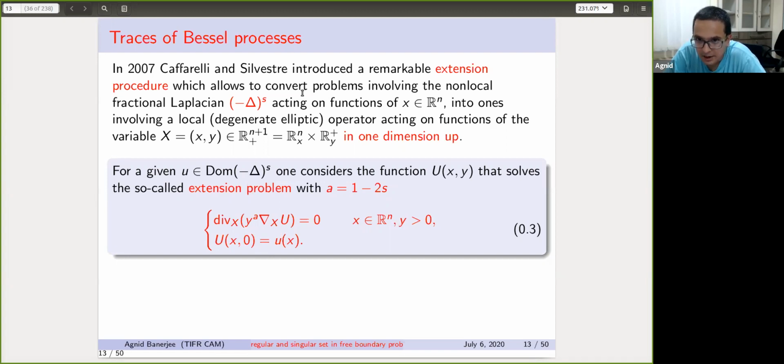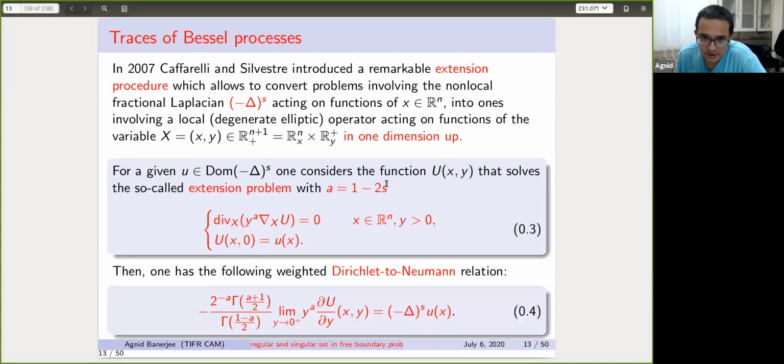You add an extra variable y, so that at y equals 0, it has to equal little u. And this a is related to the order of the fractional Laplacian in this manner: a is 1 minus 2s. Then it turns out that the fractional Laplacian applied to little u can be realized as the weighted Neumann derivative of capital U, up to some constant.